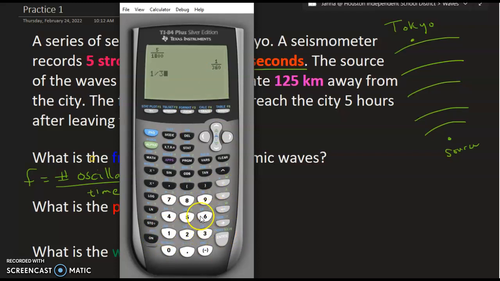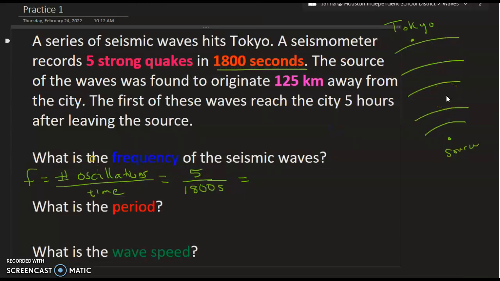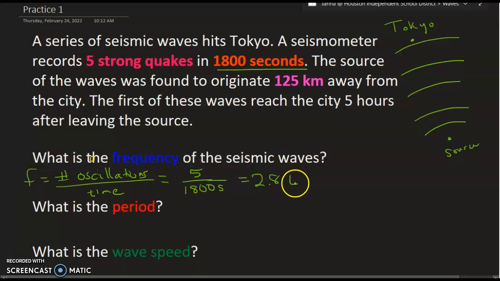And I want that number in decimal form. 2.7 e negative 3, or 2.77. I'm going to round to 2.8 e negative 3 seconds to the negative 1 power, which is the same unit as a hertz.